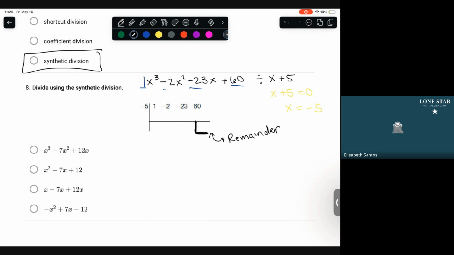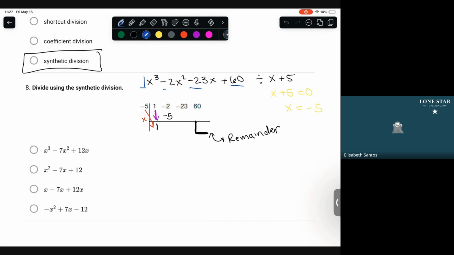Okay, so there's a process to this, and the process is that first number gets dropped, and then once it gets dropped, you're going to multiply by that -5. So -5 times 1 is -5.